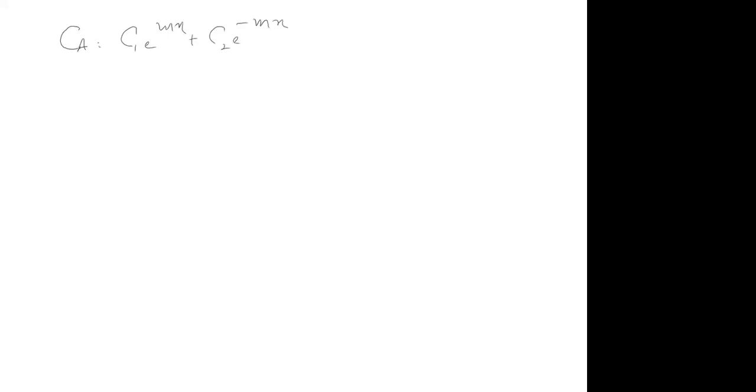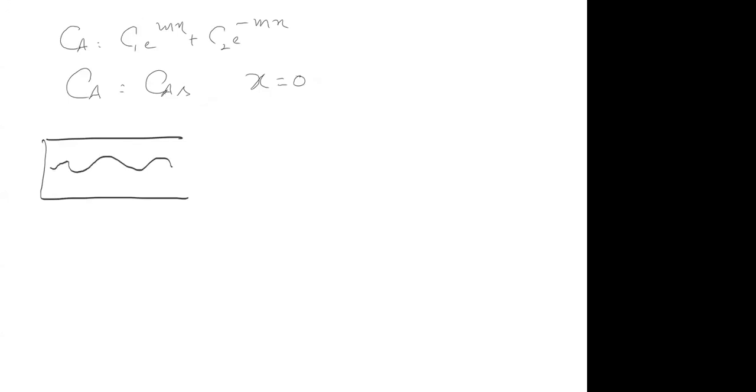What are the boundary conditions? One is CA equal to CAS when x is equal to 0. What is another boundary condition? Now if you take the pore, particles will diffuse like this. Can the particles diffuse in the wall?